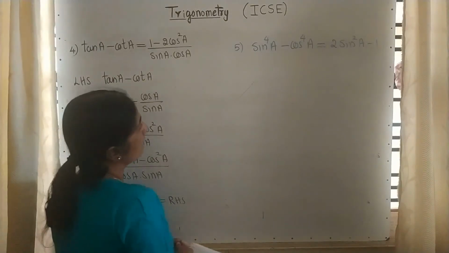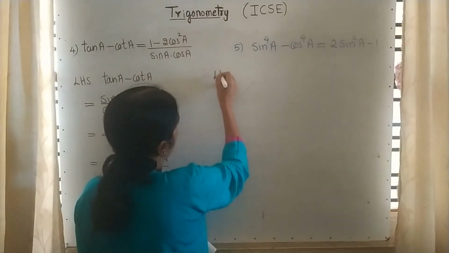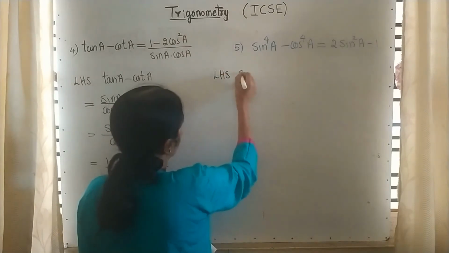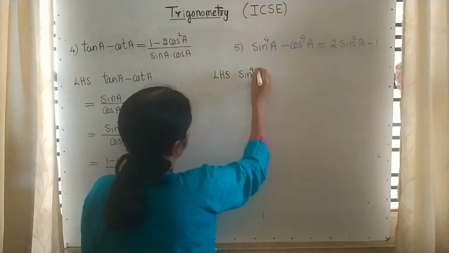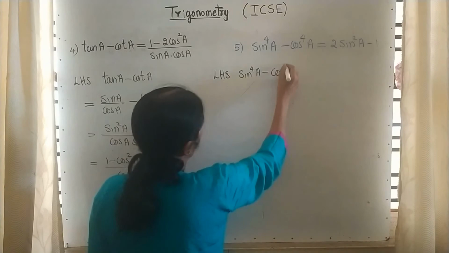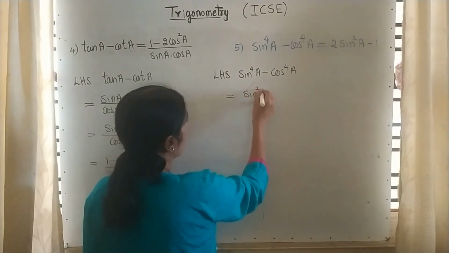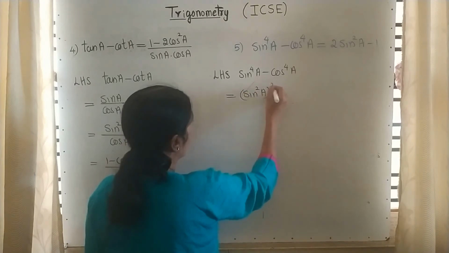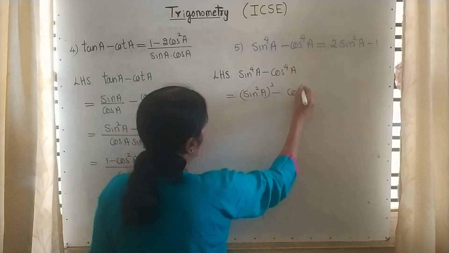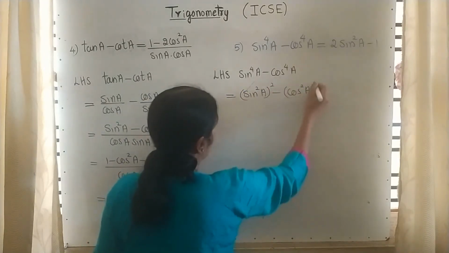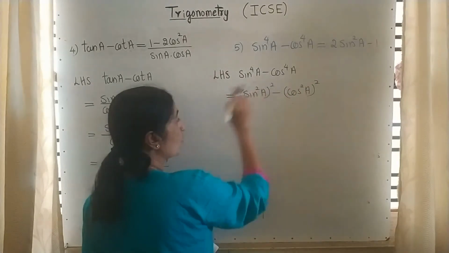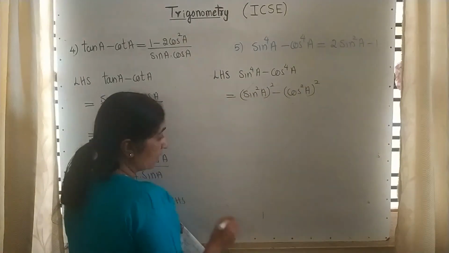Here, first I am writing the LHS: sin raised to 4A minus cos raised to 4A. This will be written as sin square A whole square minus cos square A whole square, because 2 times 2 is 4.